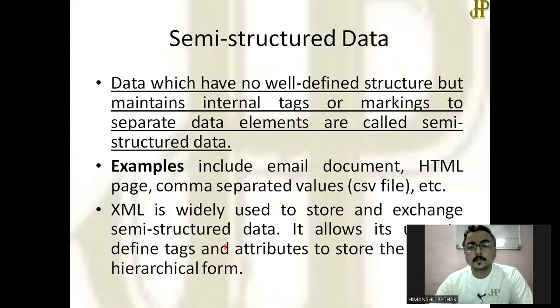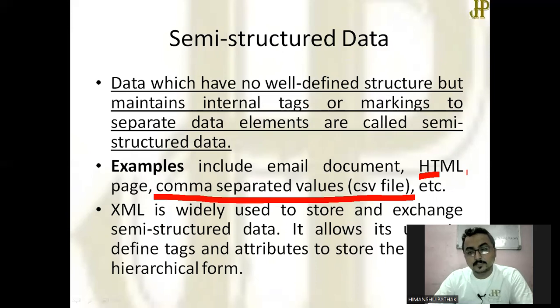And at last, there is semi-structured data. Some data are structured and some data are unstructured. That are in the category of semi-structured data. For example, you easily see comma separated value, CSV files in various websites or HTML pages.